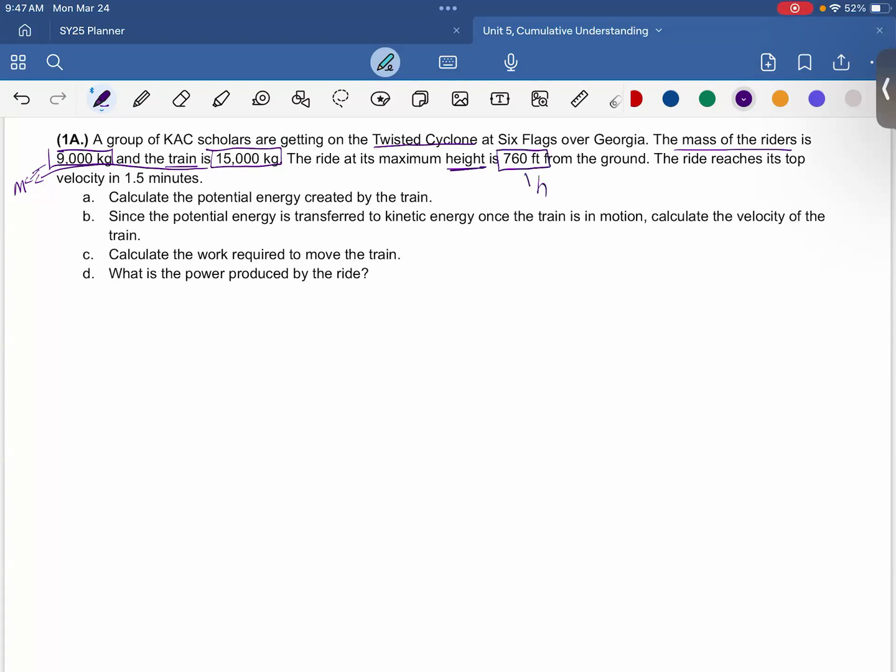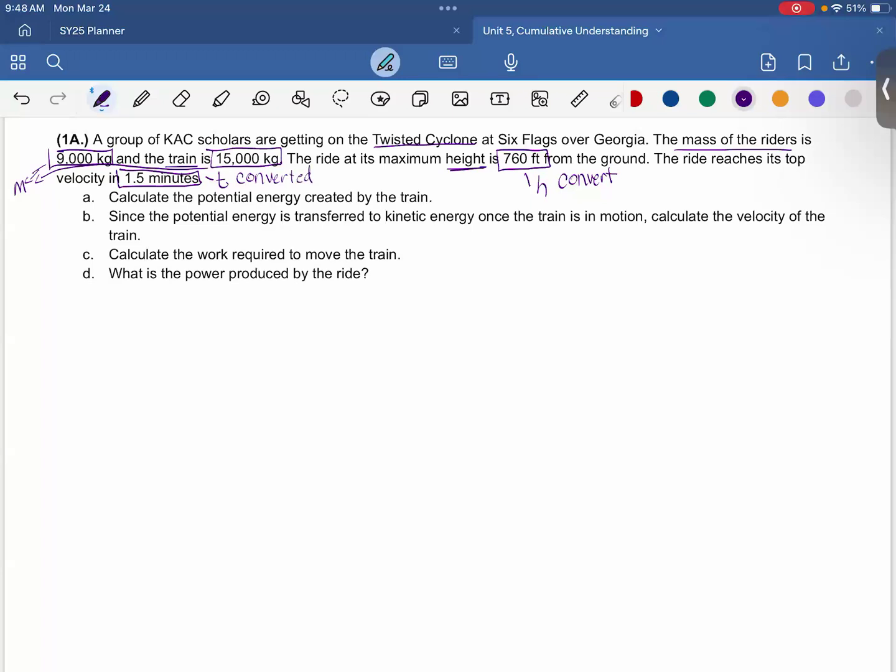That is our height, but we're going to need to convert that value. It needs to be in meters. The ride reaches its top velocity at 1.5 minutes, which is our time that also needs to be converted.